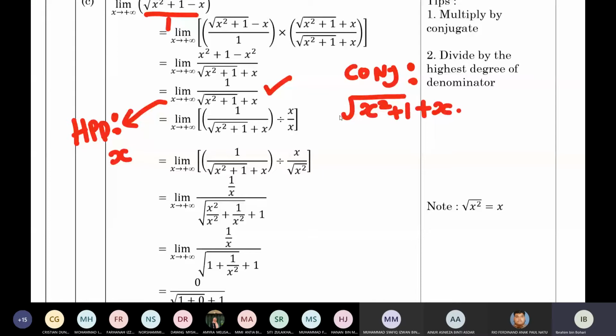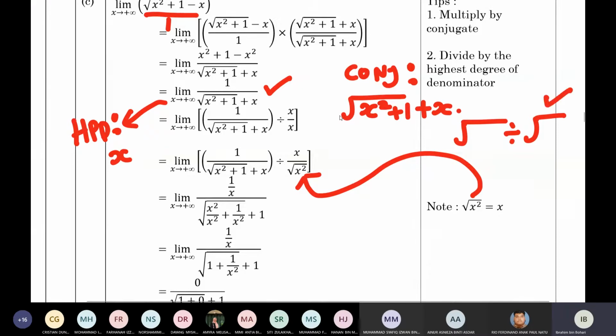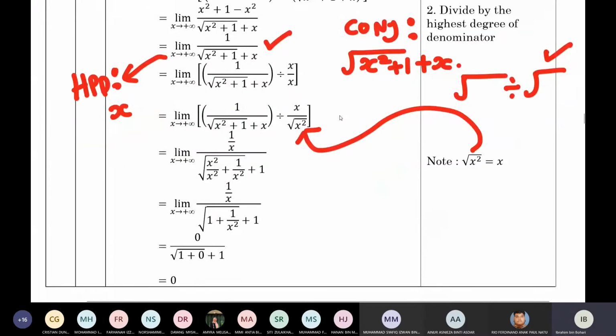And you replace the denominator with the cube root of x squared. Ini you check, cube root divided by cube root, dia okay. Kalau tak, yeah. And you substitute infinity into the function, and then answer here equals to 0.